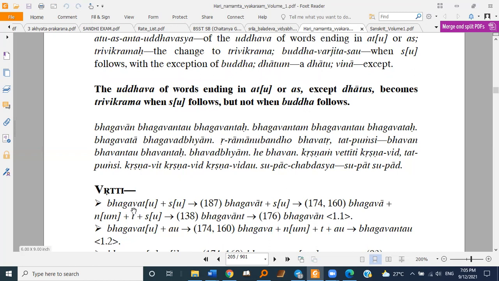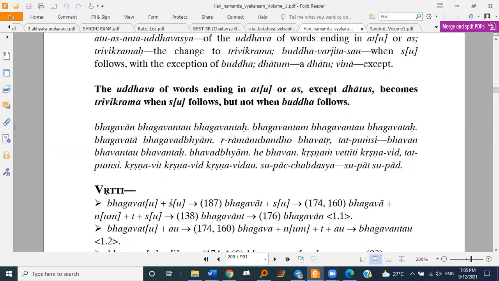The last Sarveshwara in a word is Uddhava Sangha. So in this case, Bhagavatu, Arama is the last Sarveshwara. So it becomes Trivikrama when Su follows. And of course, this word should not be a dhatu. So when Su follows, Uddhava becomes Trivikrama, but not when Buddha follows.